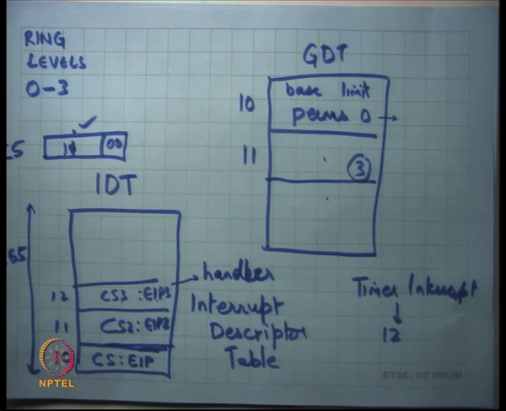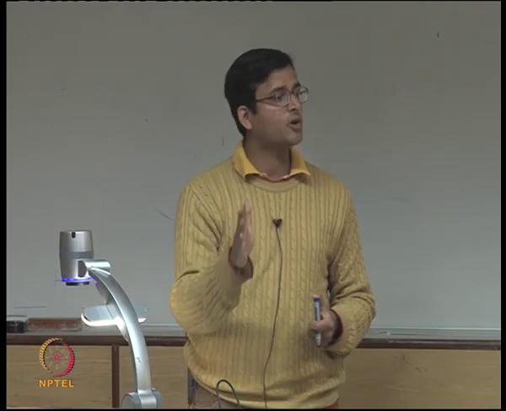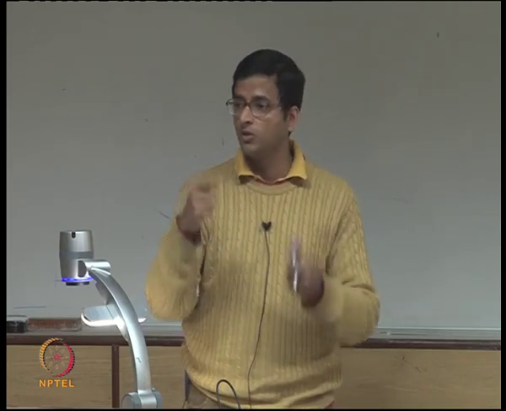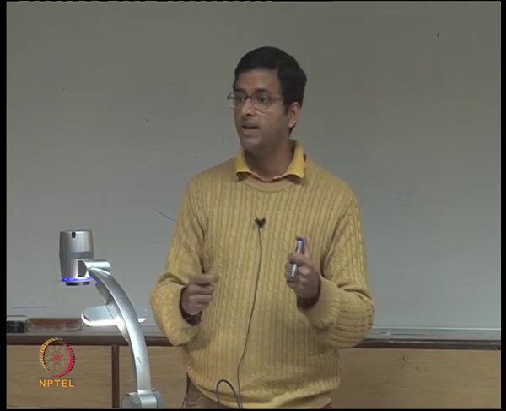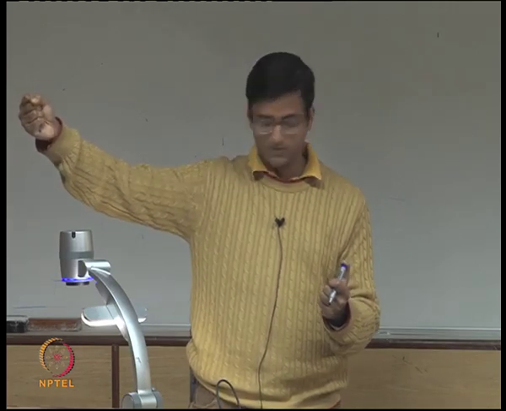Here's an example where the CPU switches from unprivileged mode to privileged mode, or ring level 3 to ring level 0. I said that a process cannot just lower its ring level, but the ring level can be lowered by other events, like an external event, like an interrupt getting set.